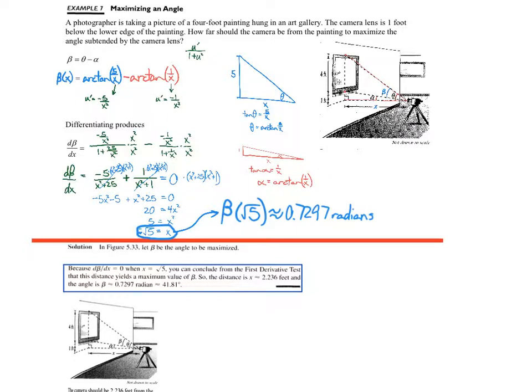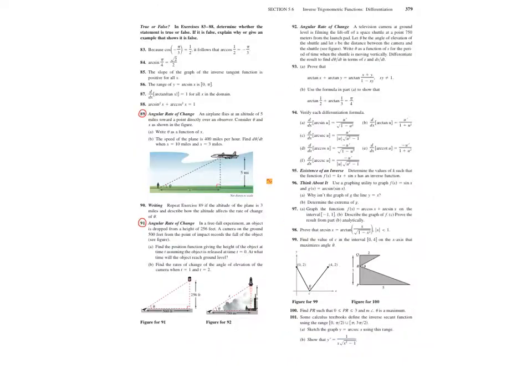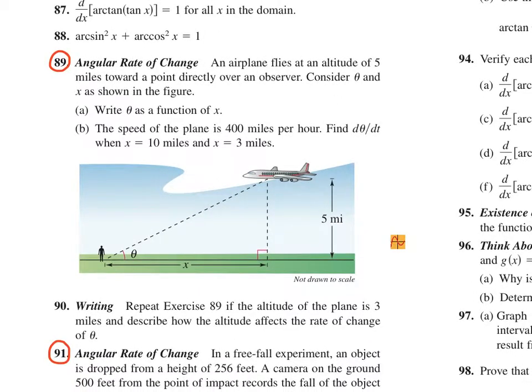Okay. So again, just remember, every time we're doing derivatives with different types of functions, all the applications are the same. We're doing the same stuff we've been doing all year with derivatives, just new functions to do it with. Pay attention to the pictures. Here, notice theta is the angle.